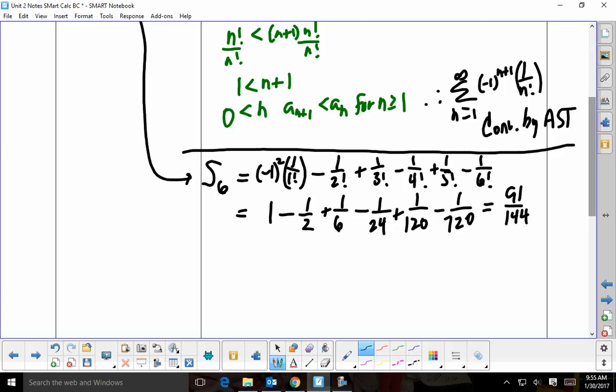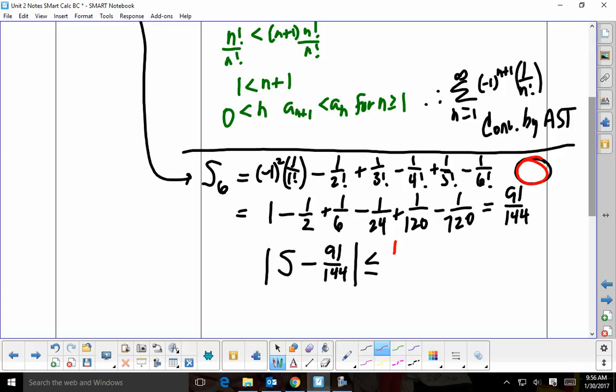So let's set up our alternating series remainder theorem, this error bound, basically. We know that the actual sum minus S of 6, which is 91 over 144, is less than or equal to the next omitted term, which would have been, what's the next term?